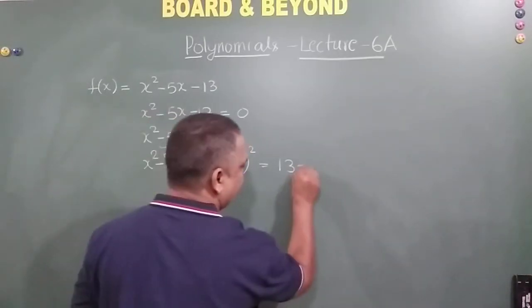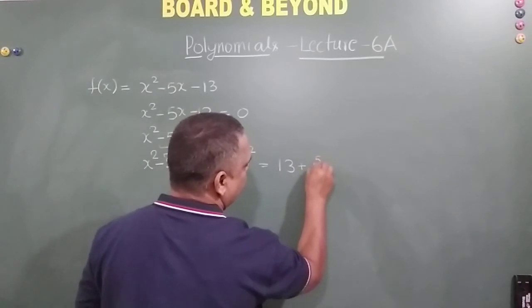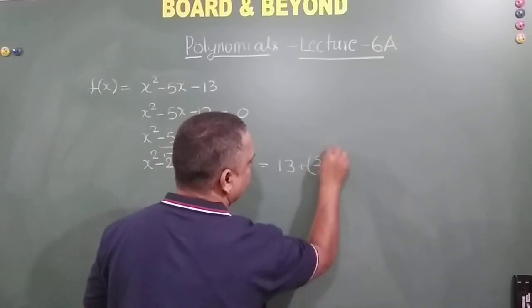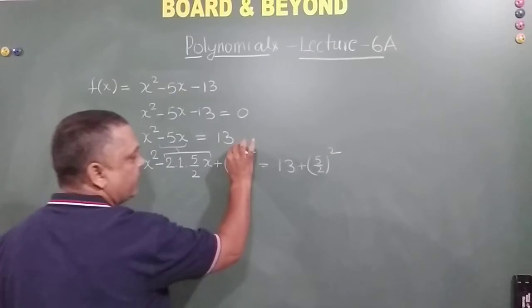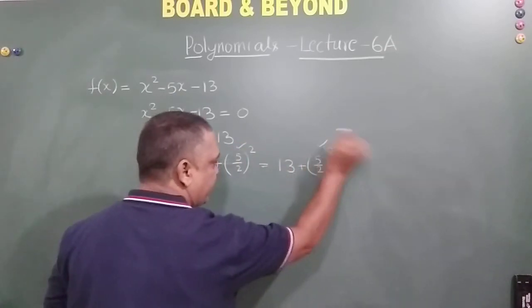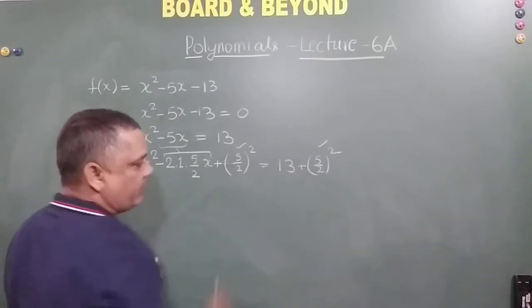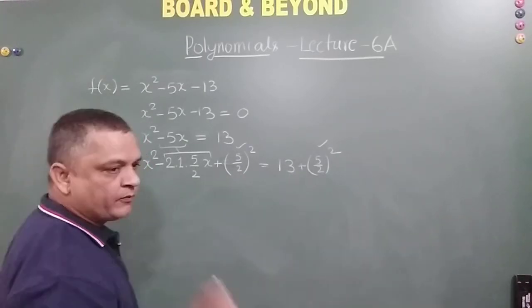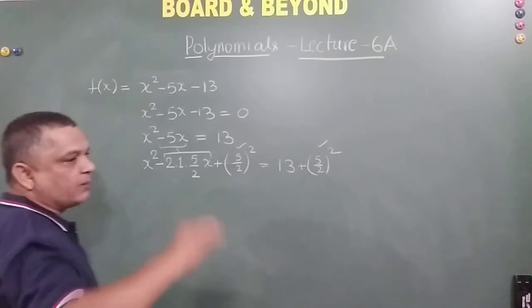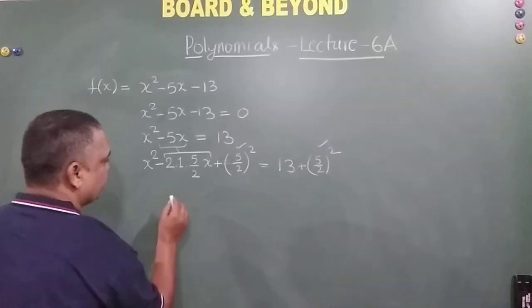Please remember, my friends. So this is equal to 5 by 2 whole square. Now what I have added here, similarly I have added on the right hand side also. So this equation remains unaltered. This is a tricky part of it. Please pay 100% of your concentration here.